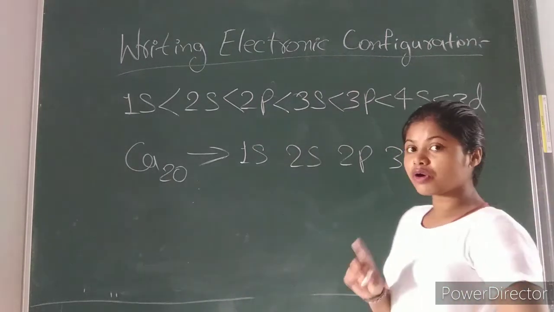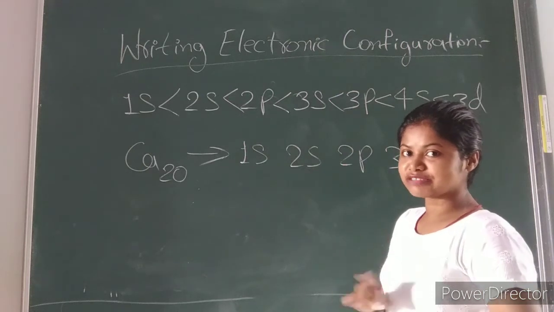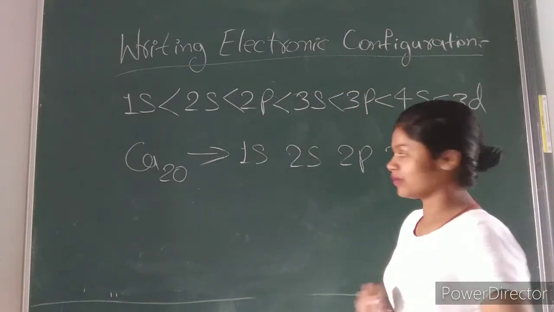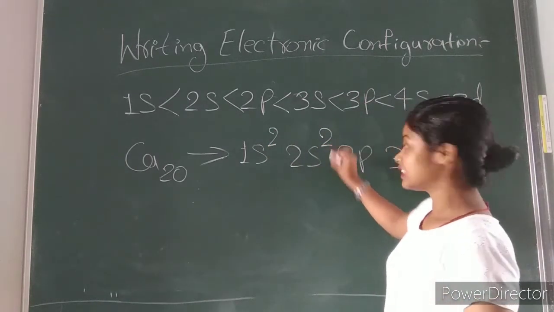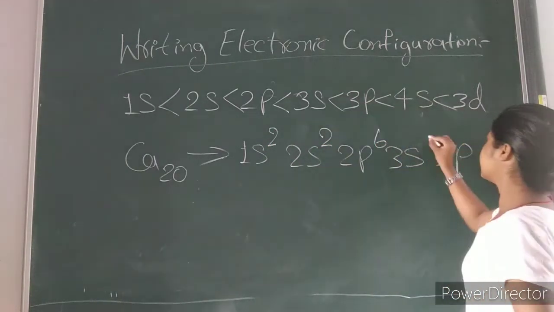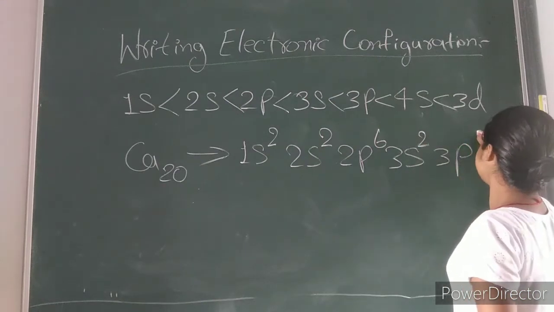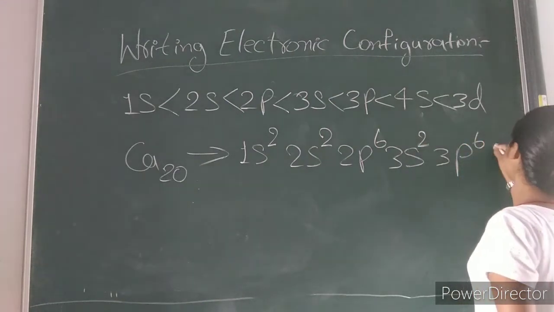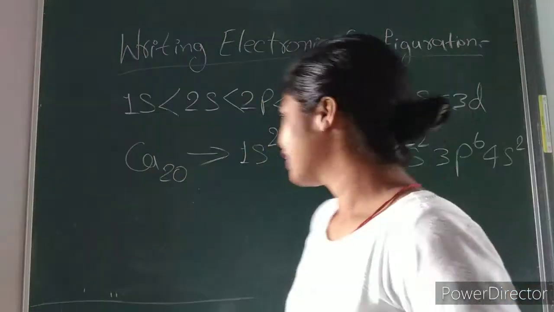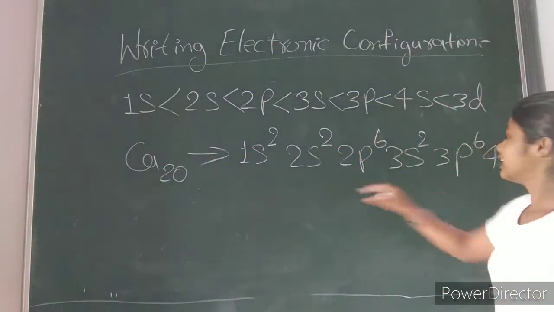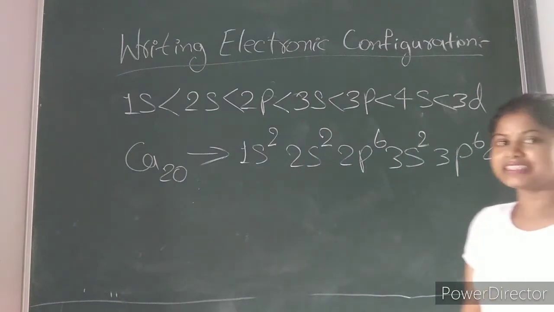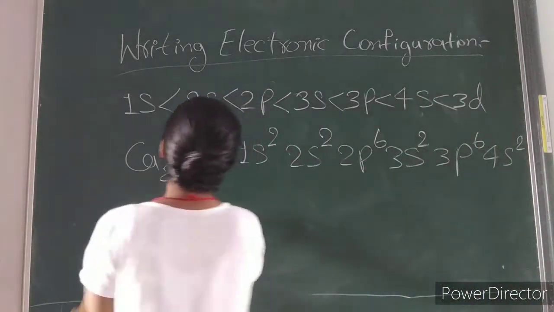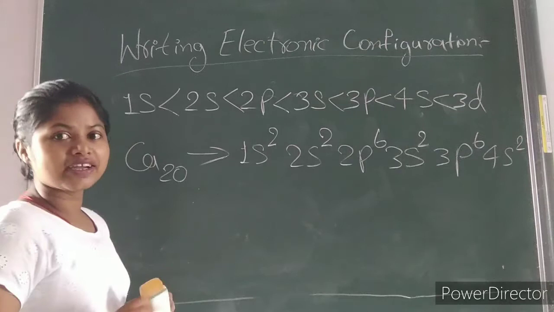You all know that s can occupy a maximum of 2 electrons and p a maximum of 6. So 1s2, 2s2, 2p6, 3s2, 3p6 and 4s2. Now look, it has completed its electronic configuration of 20. This is the expanded way to write the electronic configuration.